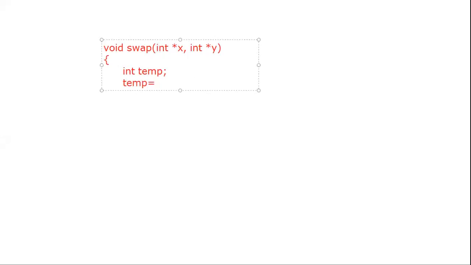So temp = *x, then next perform the interchange operation with respect to y, and lastly *y is nothing but your original value temp. This is our function which we use to perform the swap operation.